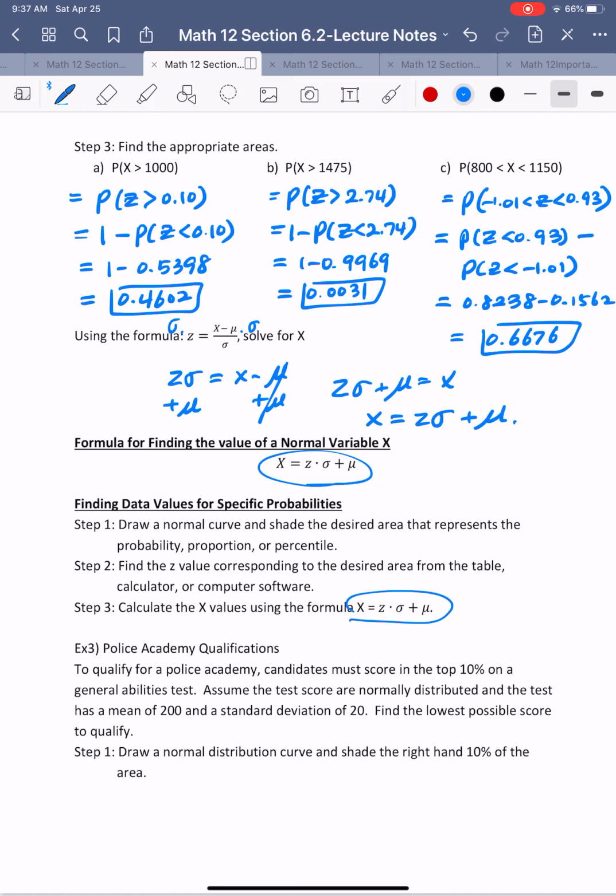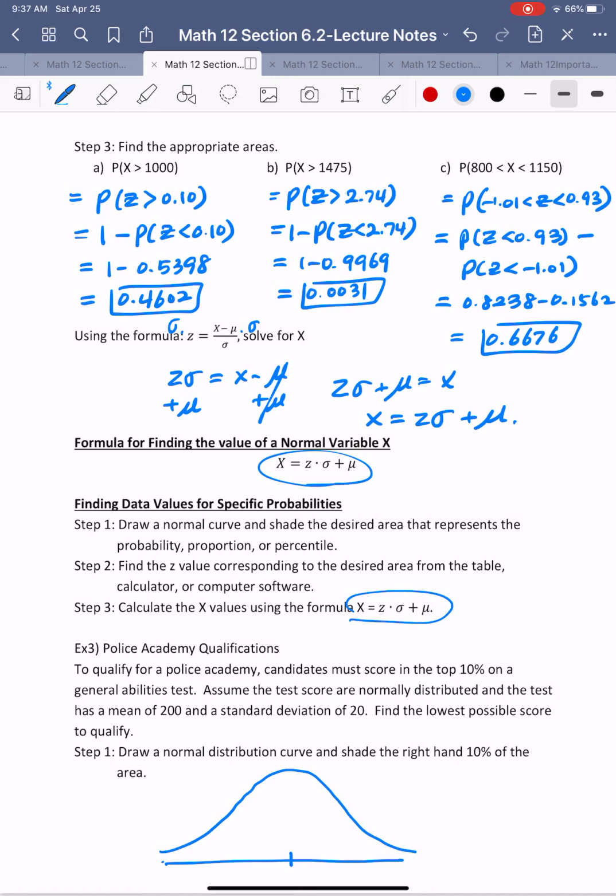So in step 1, draw a normal distribution curve and shade the right hand 10% of the area. I can start from here, which is the number line. And then you put in the normal curve, which is a normal distribution.